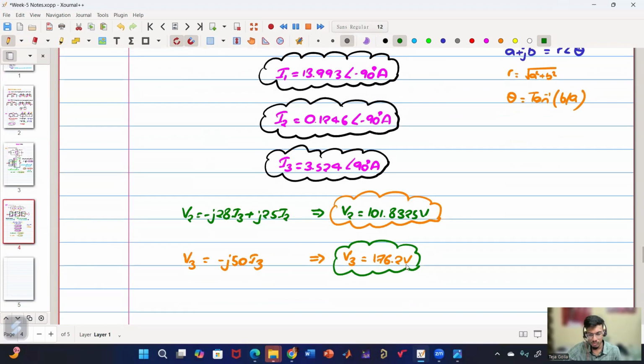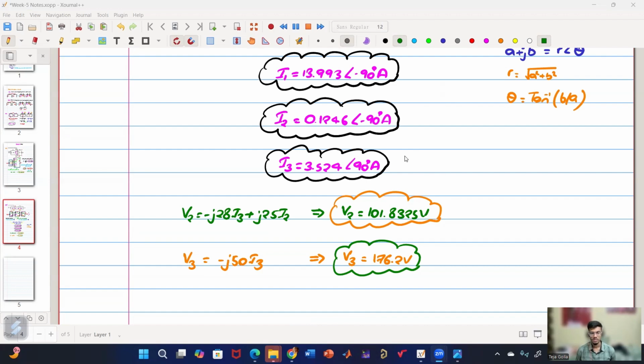So I got 176.2. So basically 50 into 3.5. 50 into 3 is 150, 50 into 0.5 is around 25. So it will be in the range of 175.